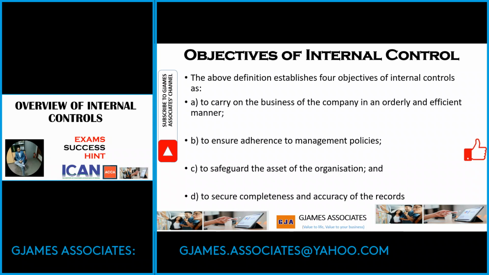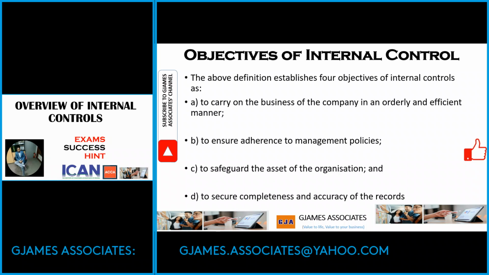So the objective of a good internal control system is to ensure that there are processes put in place that will result in orderliness in our business dealings and affairs, which will result in effectiveness and efficient utilization of our resources.